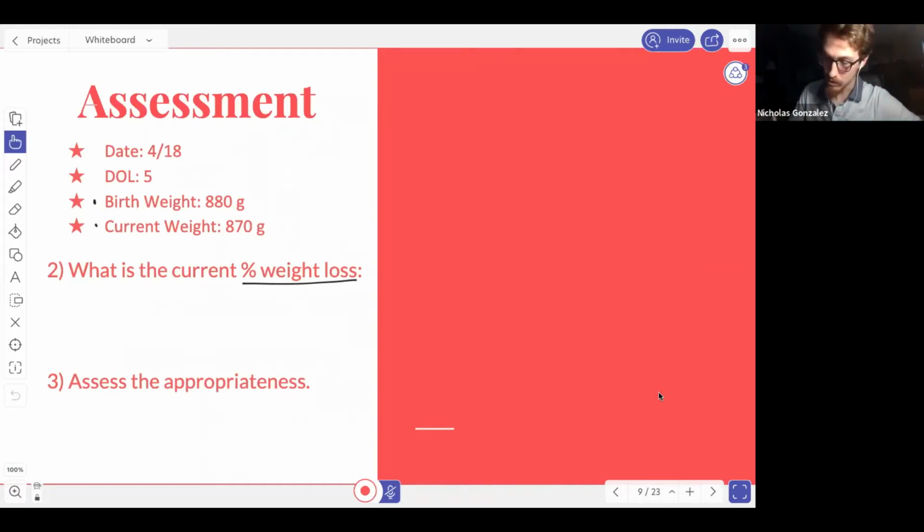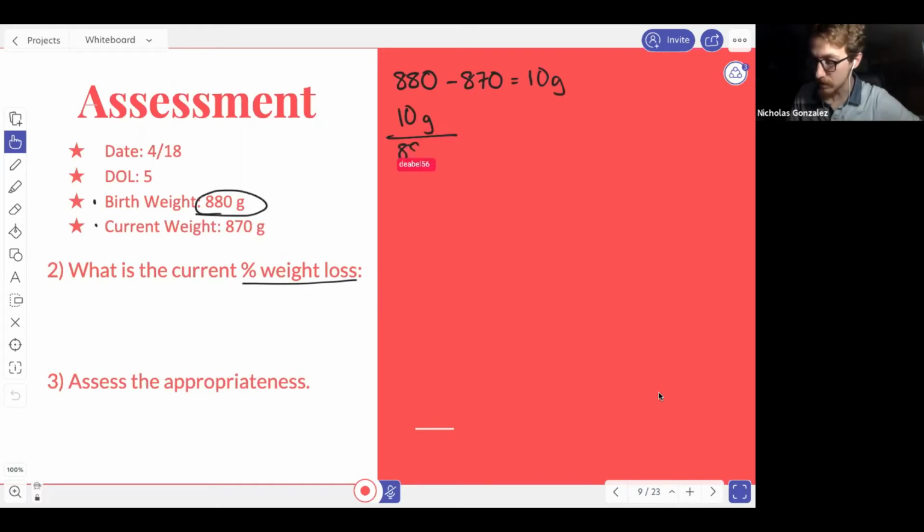So what we're going to do is figure out the difference between the previous weight and the current weight, which is a 10-gram difference. And then we're going to divide the 10 grams by the birth weight, which is 880 grams. And that's going to give us about 0.01.